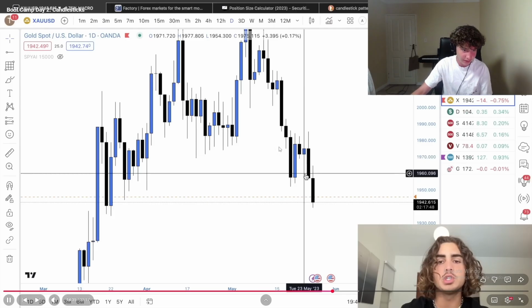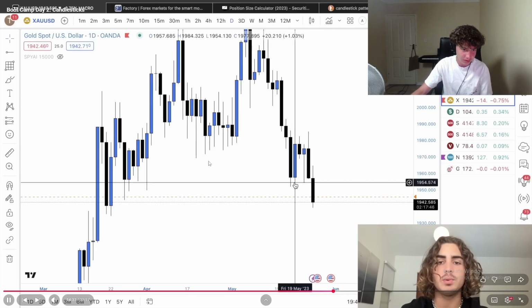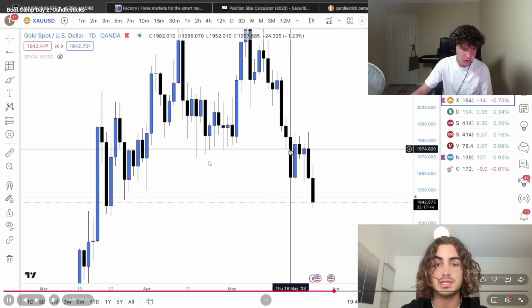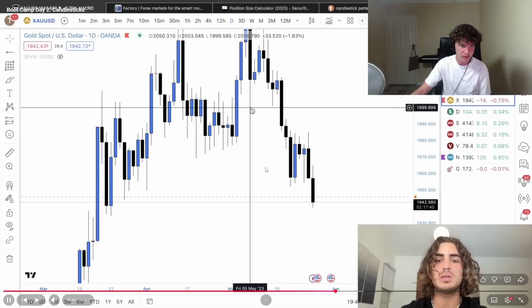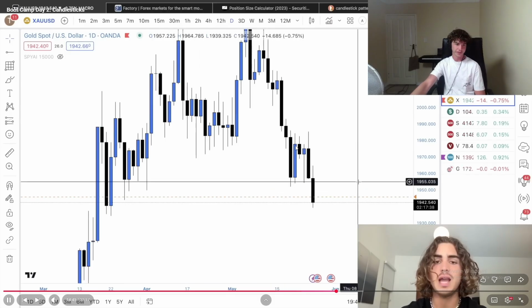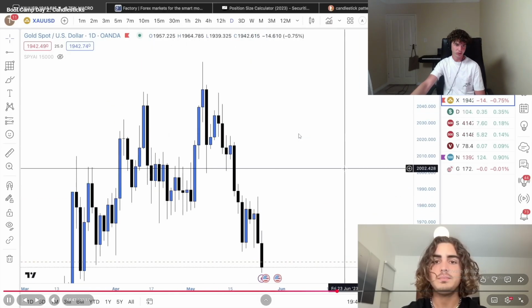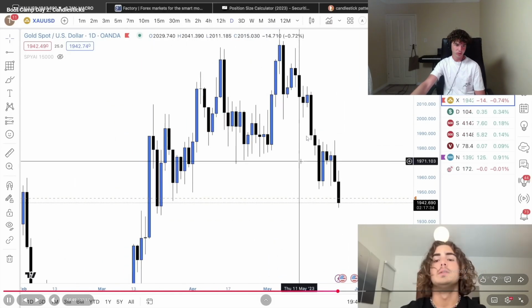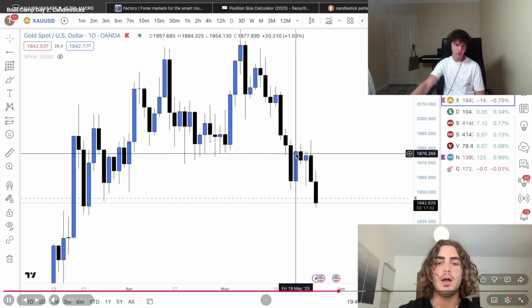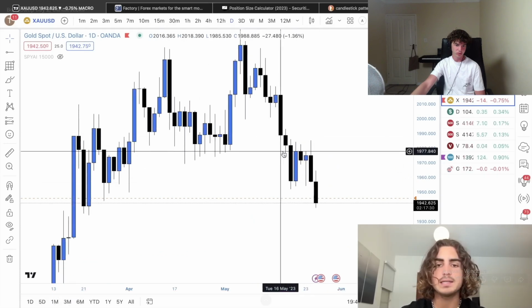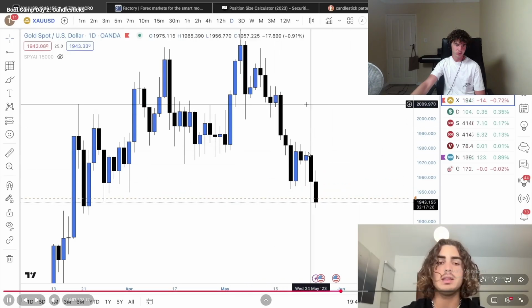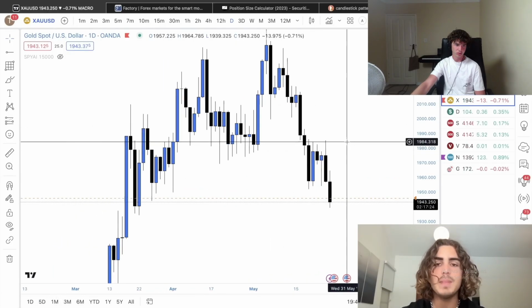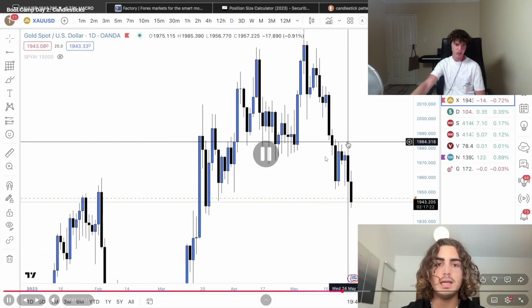Super strong rejection to the downside with this wick, and then we close bullish still. But we're in a downtrend. We are continuously breaking structure to the downside. So that's an example of where we can't let our bias get lost in these patterns. These are very minimal in what you need.